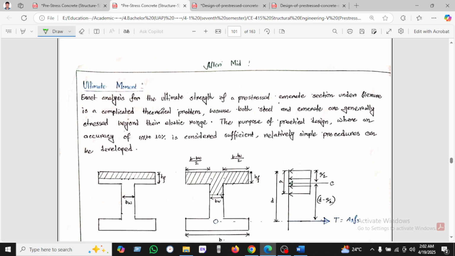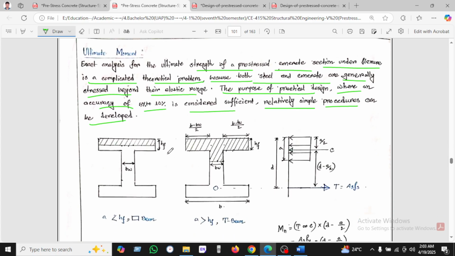The exact analysis for the ultimate strength of a prestressed concrete beam section under flexure is a complicated theoretical problem, because both steel and concrete are generally stressed beyond their elastic range. For the purpose of practical design, an accuracy of 5% or 10% is considered sufficient, relative to which some simple procedures can be developed.